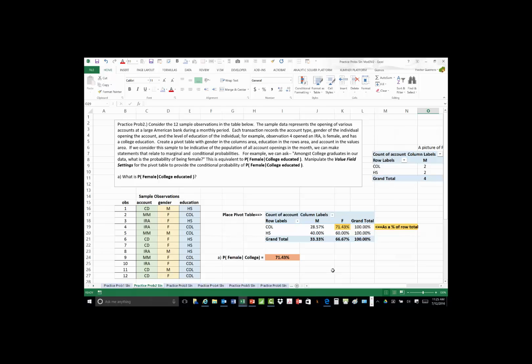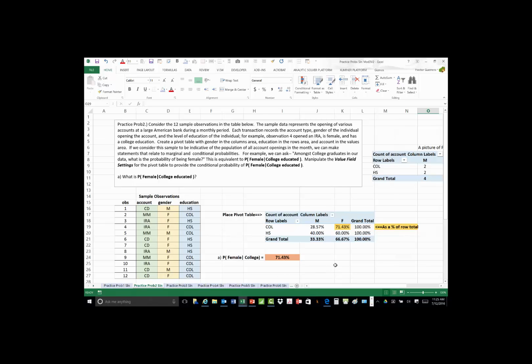One way to do that is to simply count things. But if this were a large table, that would be impossible. So what we want is a general approach to doing this analysis, and pivot tables allow us to do that.